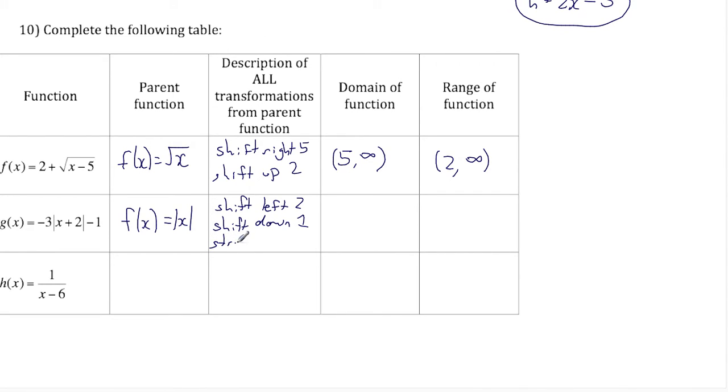We're going to stretch by a factor of 3, so it's going to be a little bit wider, and then the negative means it flips along the x-axis.